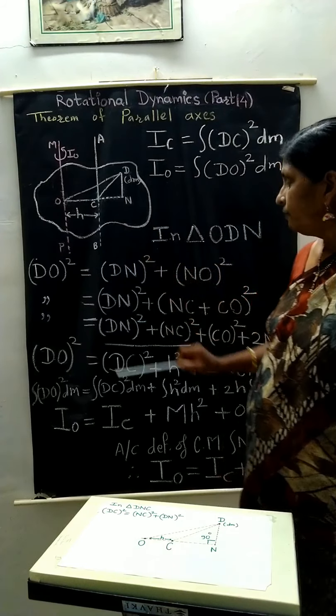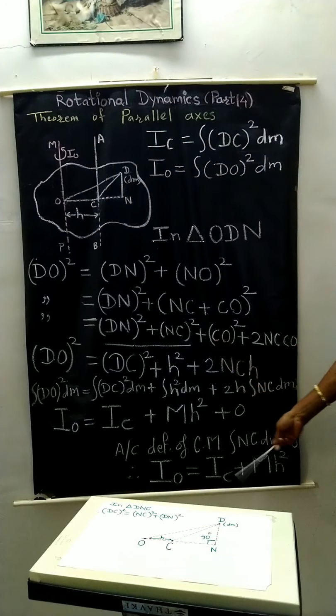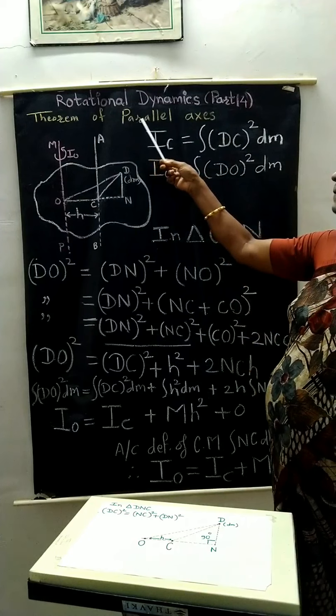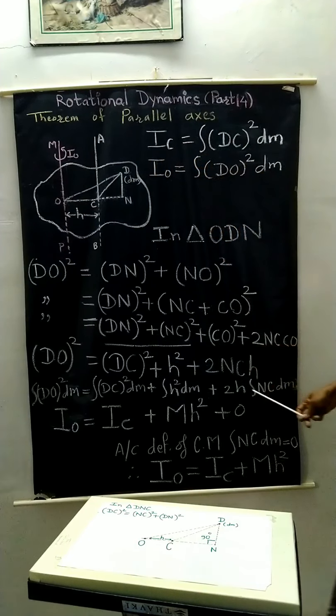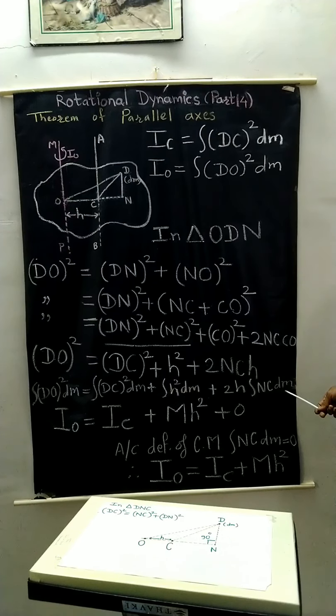In this way, we have proved the theorem of parallel axis. Here, integral NC dm is equal to 0.